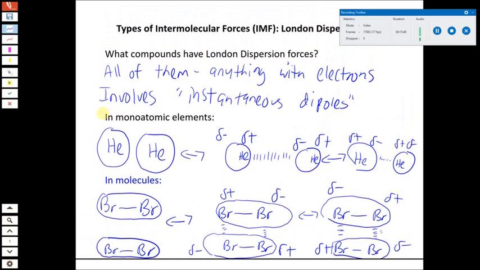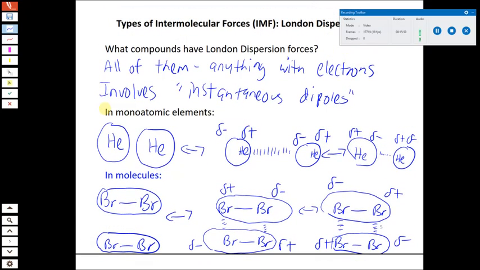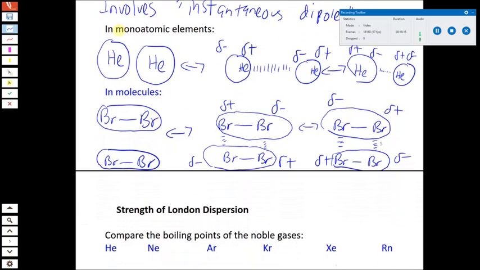And what you want to think about, and we'll get some problems like this later today, is that when you're classifying a particular substance, you want to always think about the strongest intermolecular force that's present, because that's going to dominate the key properties you're interested in. Intermolecular forces are weak, but in some substances, like primarily the nonpolar elements, or any nonpolar substance, this will be the only type of intermolecular force that's present, so those are relatively weak.